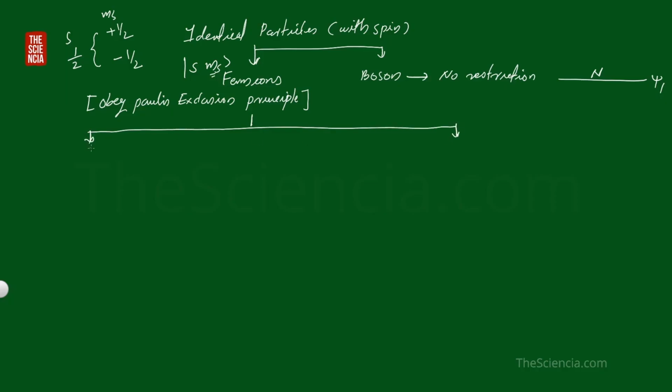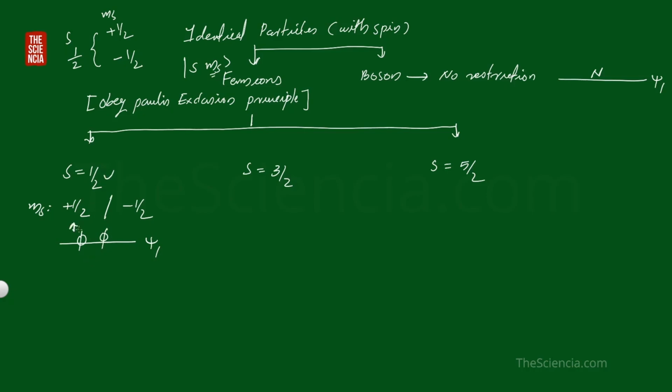different spins are possible. That is, s equal to half is there, s equal to 3 by 2 fermions are there, s equal to 5 by 2 fermions are there. Then for a spin half fermion, there will be two orientations, that is, the ms value will be plus half or minus half. So in a single state psi 1, two fermions with spin half can occupy.